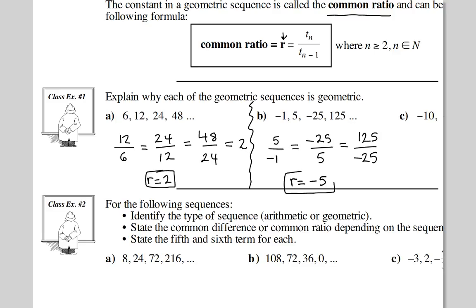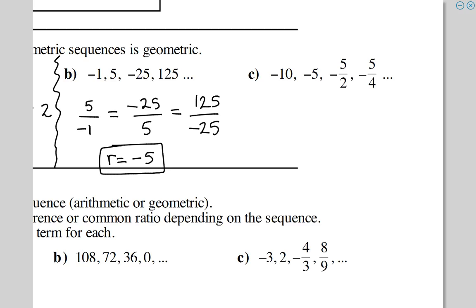What happens when you multiply by a negative? The sign switches, right? So look at each term in this sequence. Notice the sign switch. Negative, positive, negative, positive, negative, positive. That tells you that the R value is negative. And you can see it's being scaled by 5. It's multiplying by 5, multiplying by 5. And negative switches the sign.